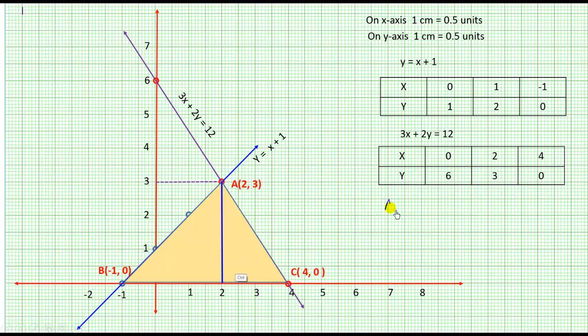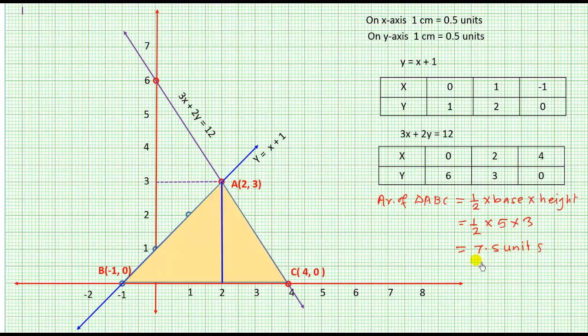Area of triangle ABC, which is equal to 1/2 into base into height, which is equal to 1/2 into base is 1, 2, 3, 4 and 5 units, so it will be 5 into height is 3 units, so 5 3s are 15 upon 2, that will be 7.5 units.